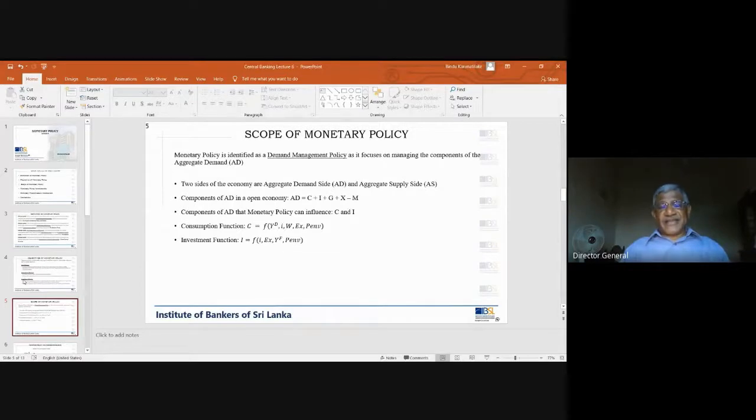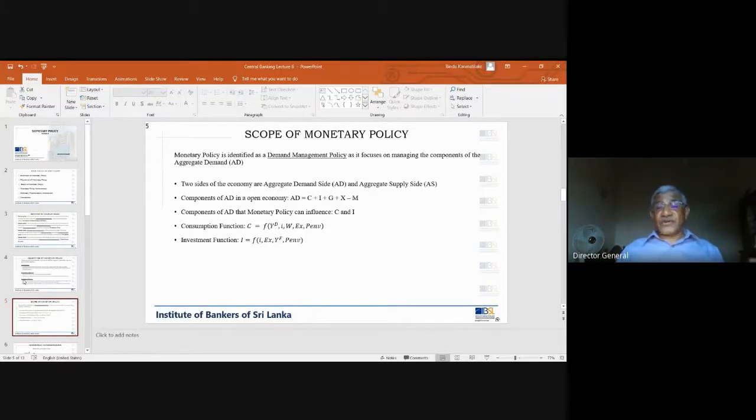Okay, let me design a question at this point. Suppose that the examiner gives you a sentence like this: monetary policy is identified as demand management policy. Do you agree with this statement? If so, why? There can be a question like this.